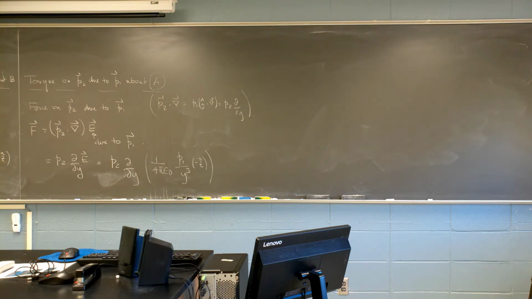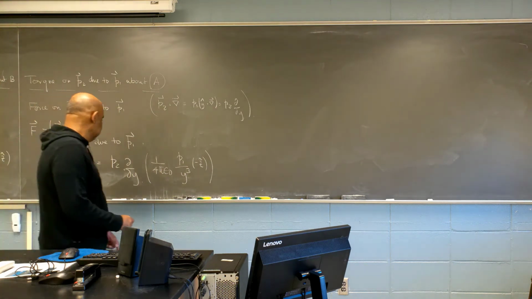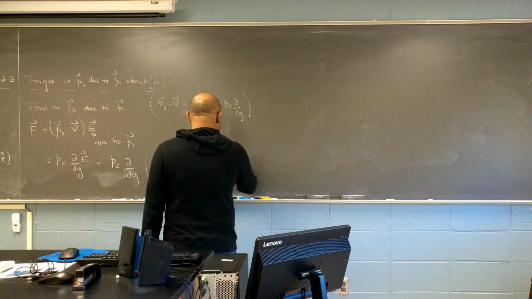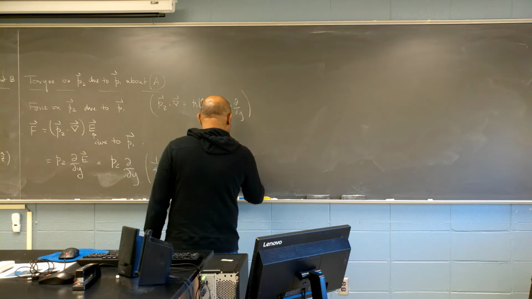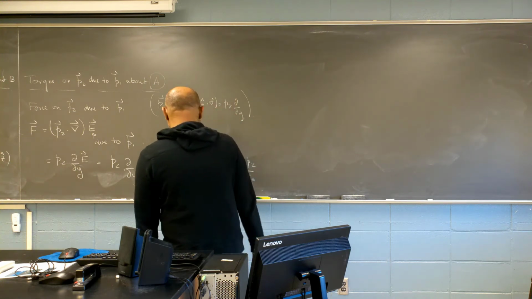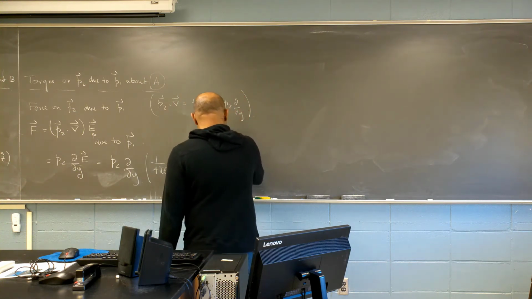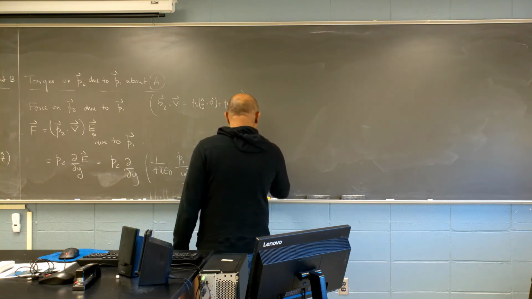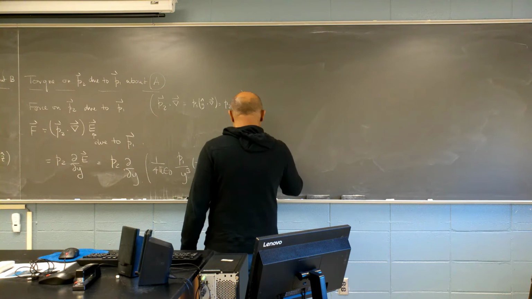So r is just the y coordinate. And then once we take the derivative, we can change it back to r. So that is minus P1 P2 over 4 pi epsilon naught, 3 over y to the 4th, z hat.